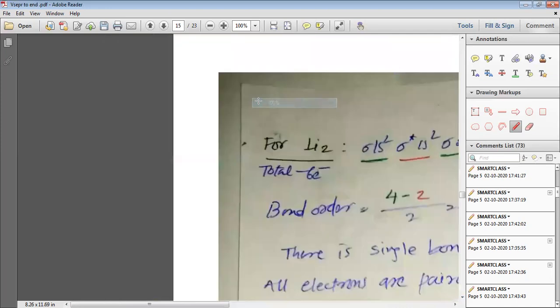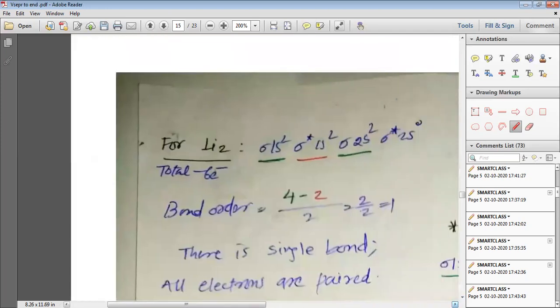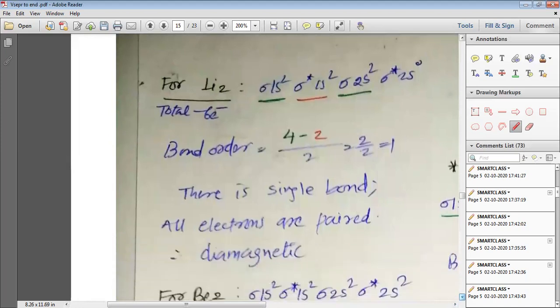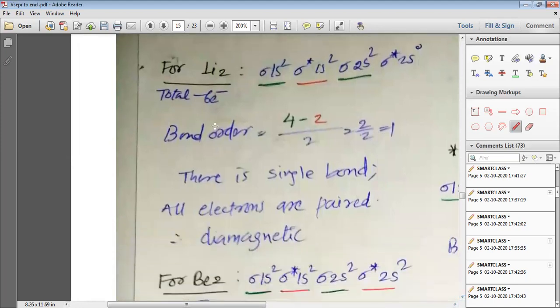In the same way, my dear students, now we will study the Li2, lithium 2 molecule. Lithium has 6 electrons because each lithium atom has 3 electrons. So the electronic configuration we can write as sigma 1s2, sigma star 1s2, sigma 2s2, and sigma star 2s0. With the green underline we have 2 plus 2, 4 electrons.